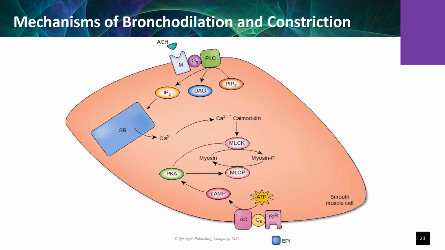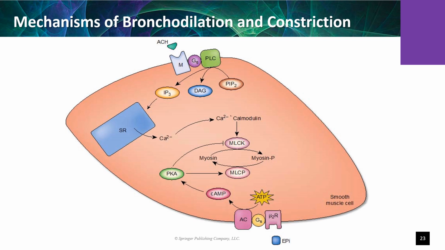The actions of acetylcholine and leukotriene increase intracellular diacylglycerol, inositol triphosphate, and calcium. The calcium-calmodulin system phosphorylates the myosin light chain kinase, producing the smooth muscle contraction.